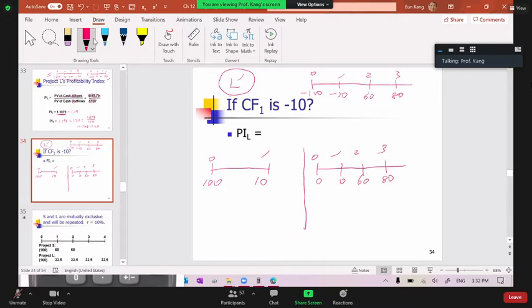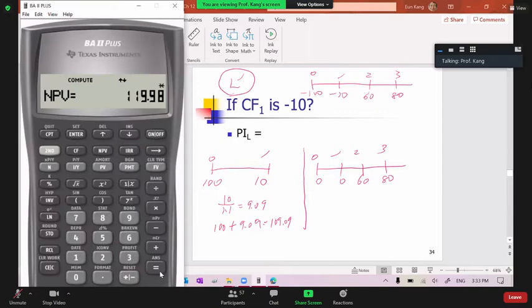So you have positive cash flows at 2 and 3, and negative cash flows at 0 and 1. Present value of 10 is 10 over 1.1, 9.09. Then 100 plus 9.09 is 109.09.